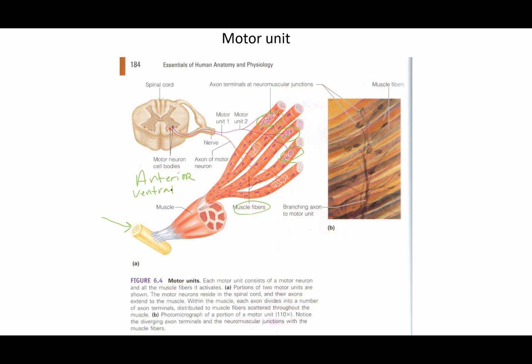Okay, so I'm introducing some nervous system things to you, and we'll dive into more detail with these when we get to the nervous system. But these are some things you need to know to help you understand neuromuscular junction stuff. Okay, so when you look at a cross section of the spinal cord, we have an anterior side and a posterior side, or dorsal.